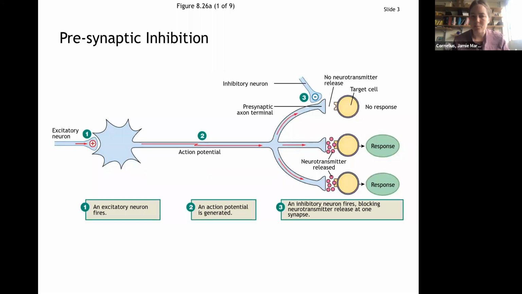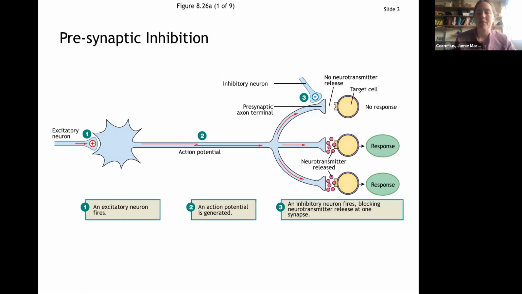And so that whole process we just went through, where calcium has to come in to allow the vesicles to fuse and exocytose neurotransmitter, is going to be prevented just at that synapse. And so the other two synapses that don't have those inhibitory inputs release the neurotransmitters successfully and you get a response.